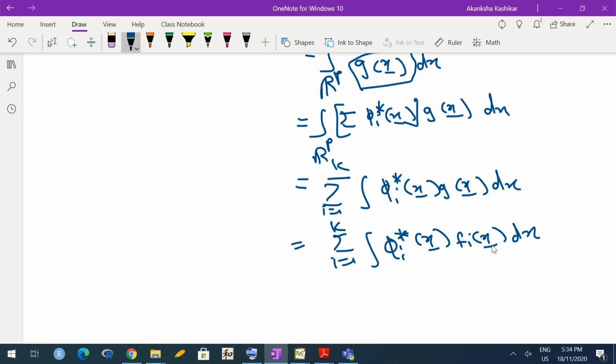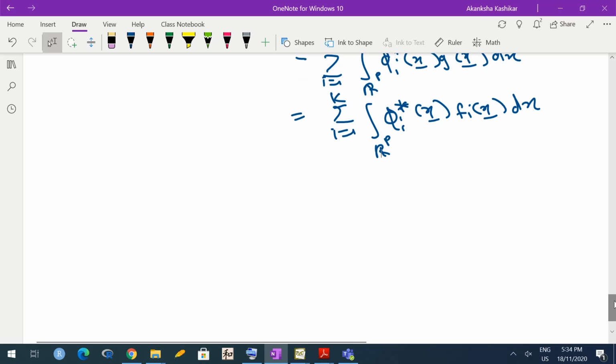When Gx is not equal to fi x, over that part phi I star is 0, so the integral is 0, so I don't need to worry about it. Okay, the integral is still over the entire RP.